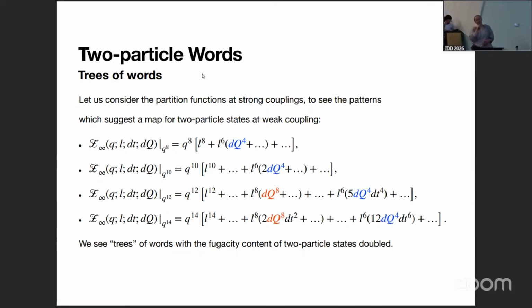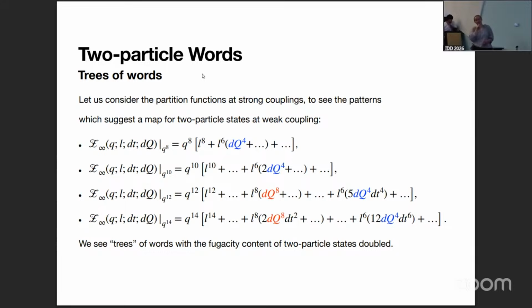There is this one nice state, dq to the power 4, which is actually the seed of the tree. Its fugacity content is the doubled fugacity content of two particle states at weak coupling. And so we suggested this state, which forms the tree, would correspond to the two particle state at weak coupling.